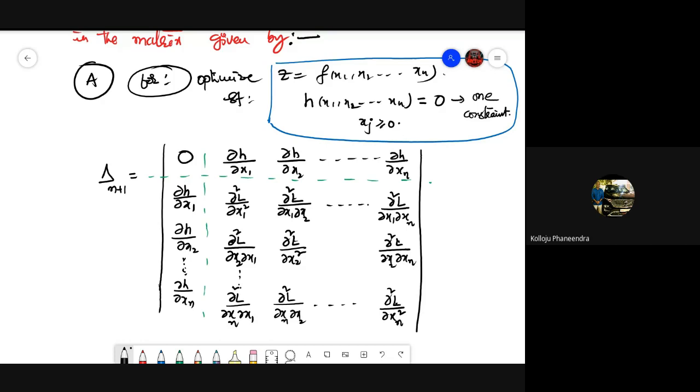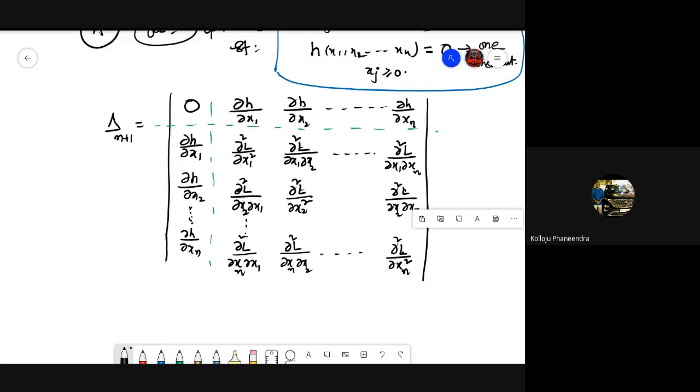And what is the order of the matrix? N plus 1 order, 0 to n means n plus 1. So this is an n plus 1 by n plus 1 matrix.